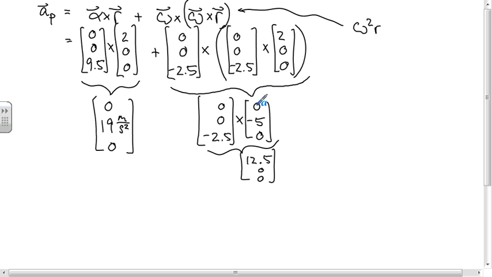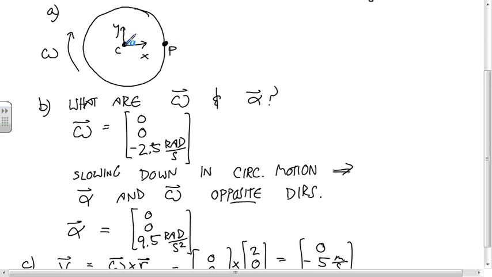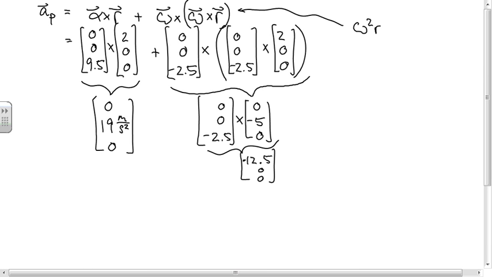You should get negative, I think, because it's the x component. You have this minus this. And if we mathematically got a positive out of this, you should notice that something went wrong somewhere, because we know the centripetal acceleration should point toward the center. Okay? And so the total is negative 12.5 meters per second squared, positive 19 meters per second squared, 0.